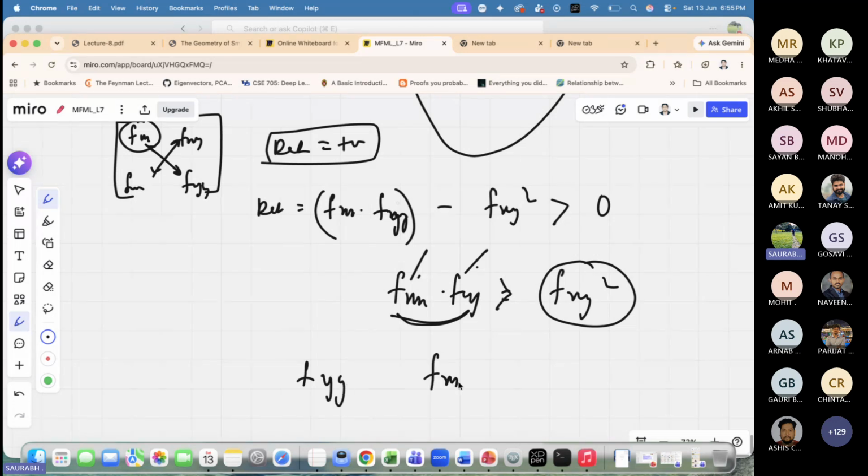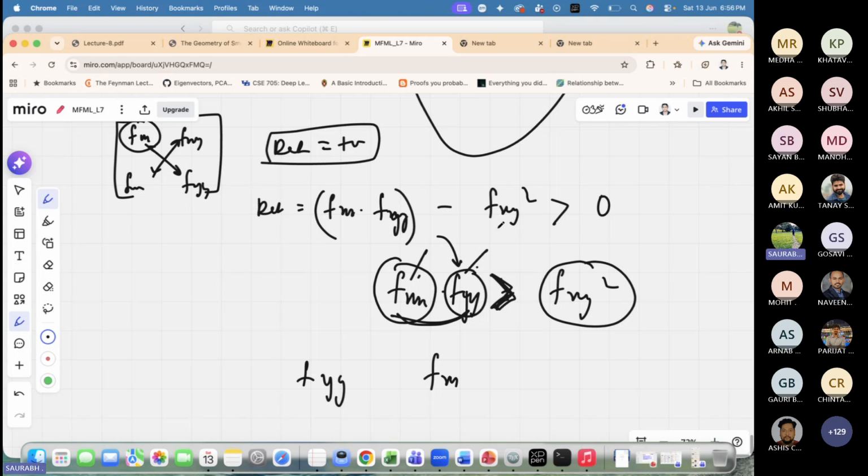You can just say that fxx is positive. But if fxx and fyy are both big negative numbers, then also it can be greater than fxy square, because fxy square is a positive number.